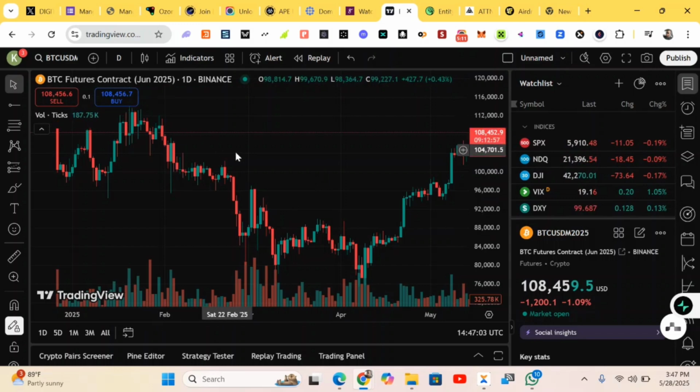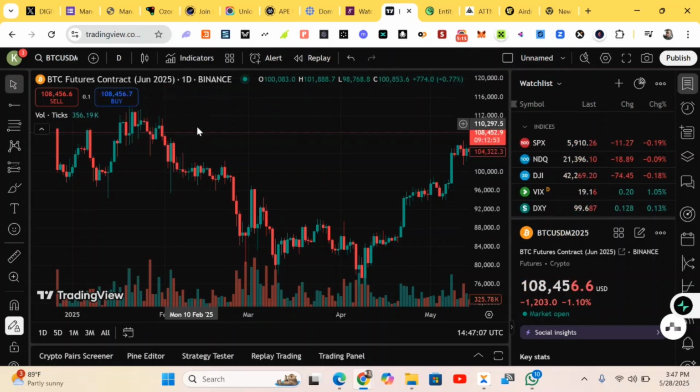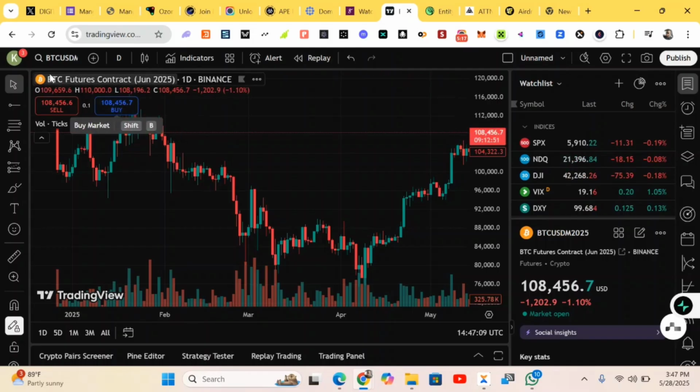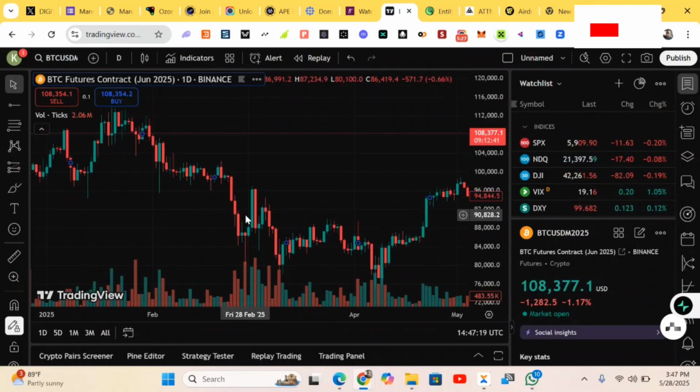So this is my TradingView. I'll be using TradingView to show you guys an example. I'm under BTC futures. You can see it over here, where the buyers came and pushed it up.